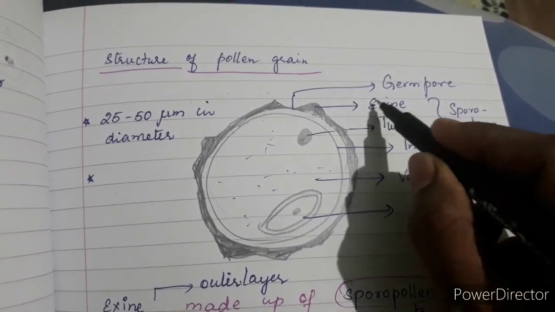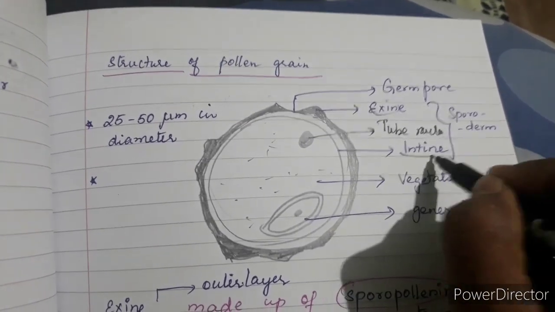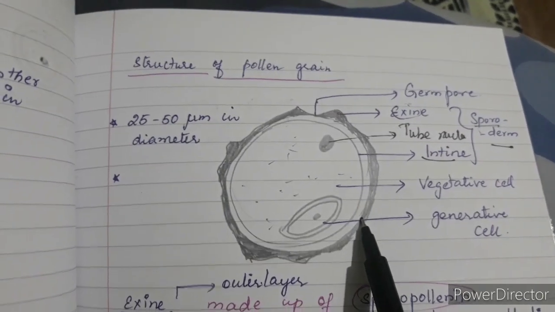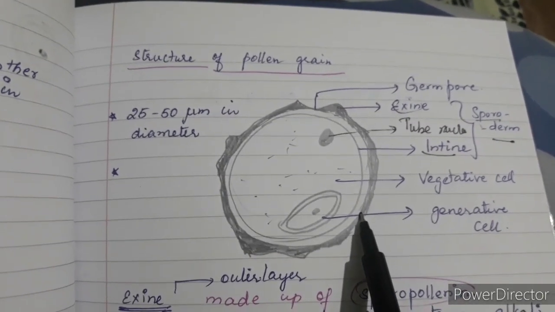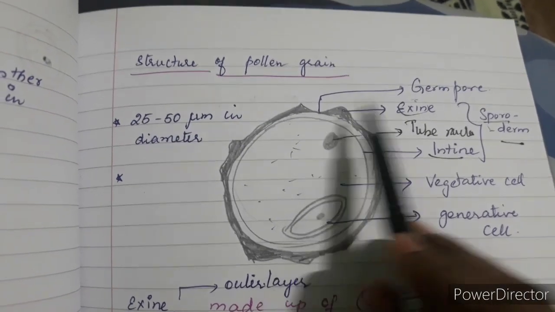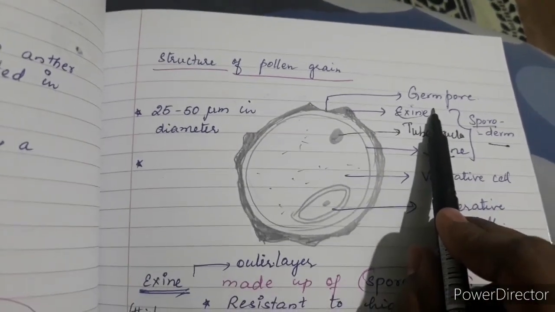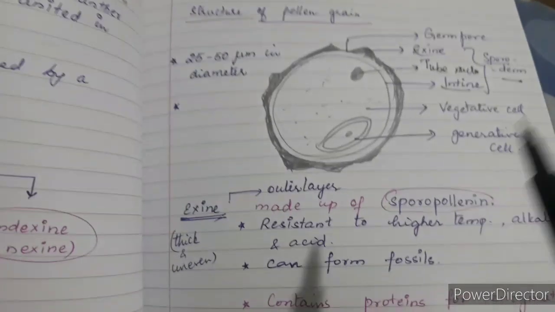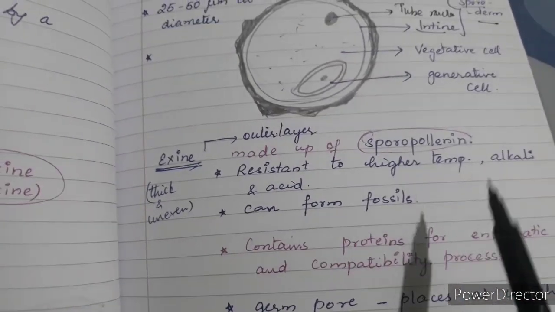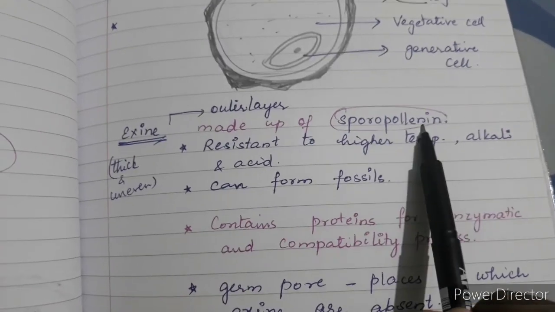The exine and intine together are referred to as sporoderm. So what is this exine? The outer layer, and it is not a continuous layer. There are gaps, and the gaps are referred to as germ pores. This exine is made up of a highly resistant chemical known as sporopollenin.